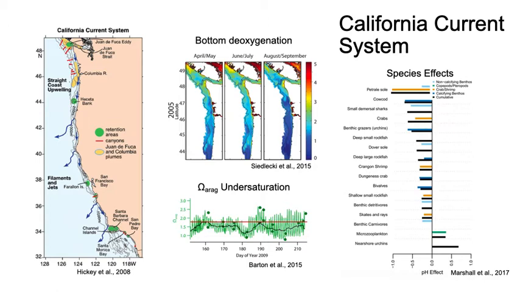In the northern portion up here, you see that it's mostly depicted as straight coast upwelling, whereas as you move further south, more filaments and jets become important. You also notice the isobaths depicted here. If you follow one north, you'll see that the shelves are wider in the north.